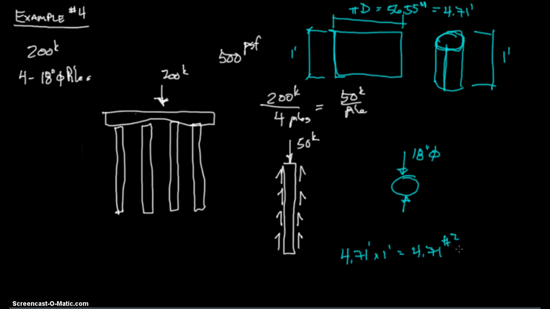So let's take this number times, let's start a new line and change colors. Keep people guessing here. Okay, so we know we have 4.71 square foot, and that's per foot of depth. I hope that makes sense.